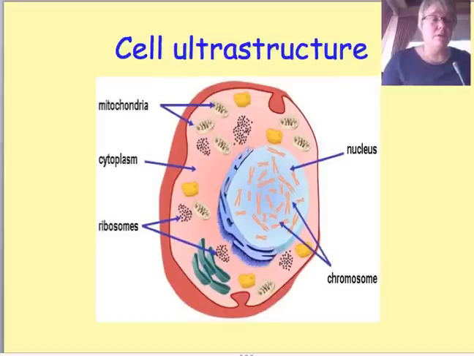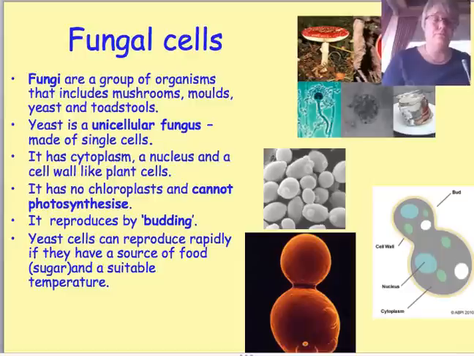So we're going to move on and have a wee look in more detail at fungal cells. Now, you know fungi already. You know mushrooms and toadstools and molds. The one that we talk about quite a lot are yeast cells. They're unicellular fungi.